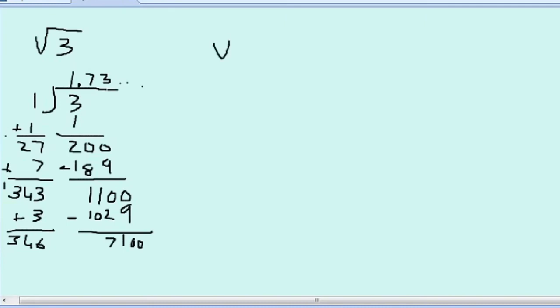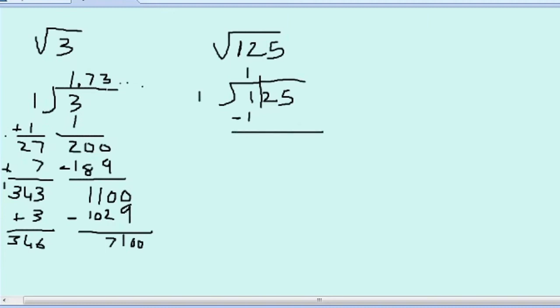Okay, let's take another example with a little bit bigger number. Okay, I will take here 125. Okay, 125. First take the division method like this. Write 125. If I divide this in pairs, okay, this is 25 and this is 1. So 1 into 1 will be 1. 1 minus 1 is 0.